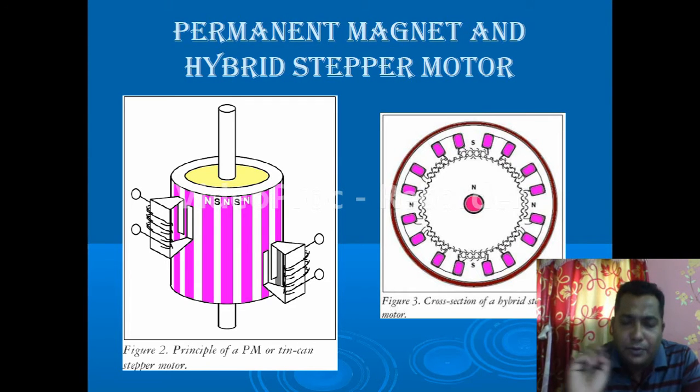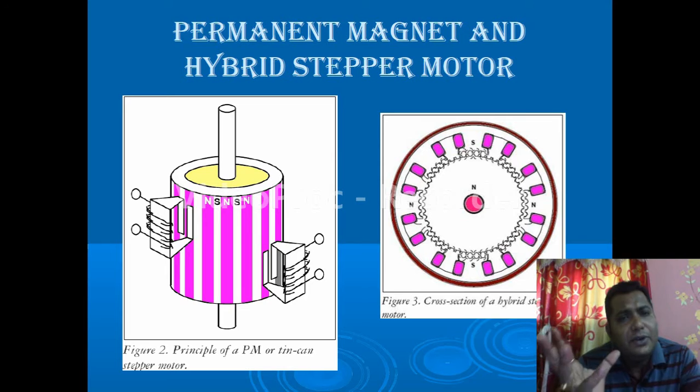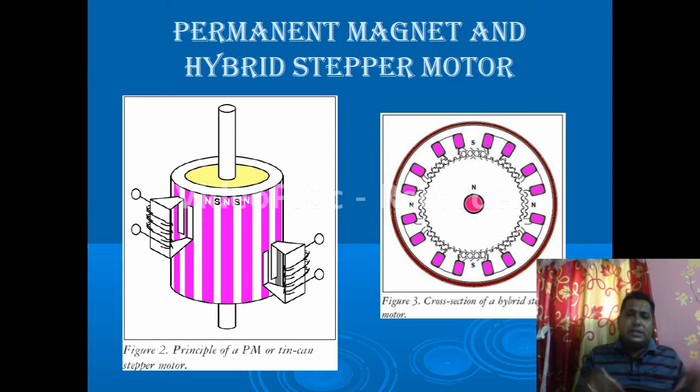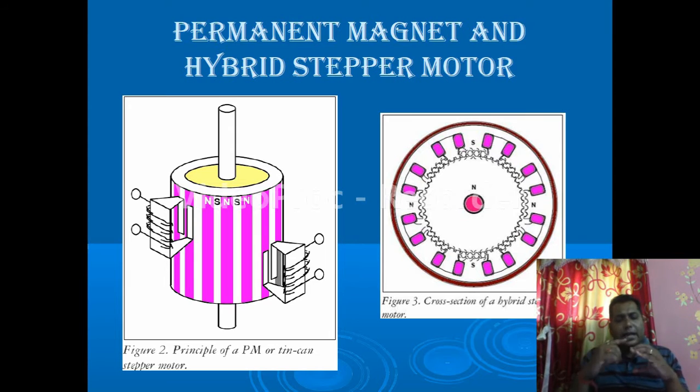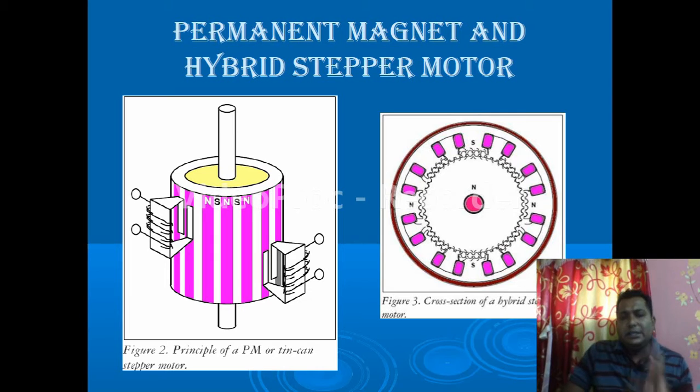Okay, and over the periphery of the rotor there is the stator section. The outer side is the stator section, inside that we have the rotor section, and in the rotor all the alternate poles are there, north, south, like this. So this rotor section is a permanent magnet, and on the outer side of this machine, the stator section, we have slots, and there we will give electrical input.